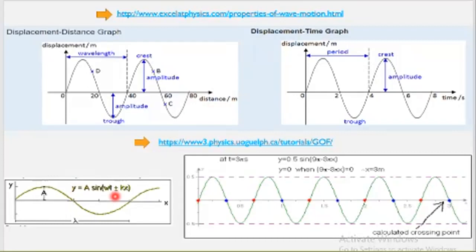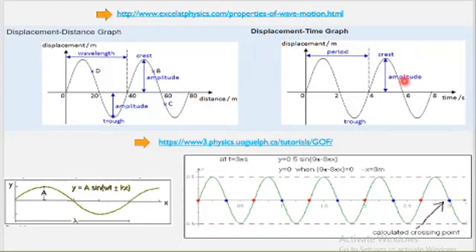So the concept of omega, angular frequency, comes when you focus on the sketch between y and t, displacement and time.